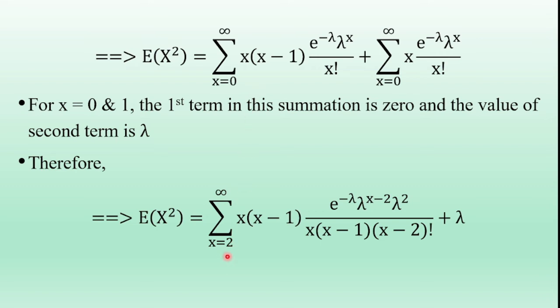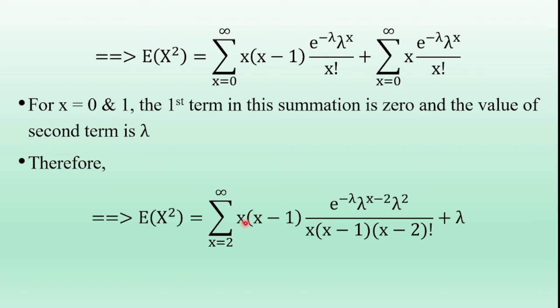So therefore, sigma x is equal to 2 to infinity x into x minus 1 into, lambda power x is written as lambda square into lambda power x minus 2, into e power minus lambda divided by x factorial, which is written as x into x minus 1 into x minus 2 factorial, plus the second term, the mean value of the Poisson random variable, that is lambda.